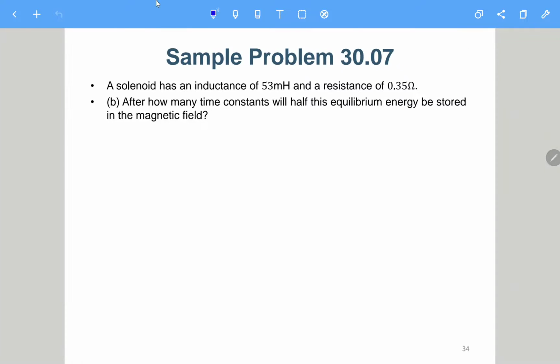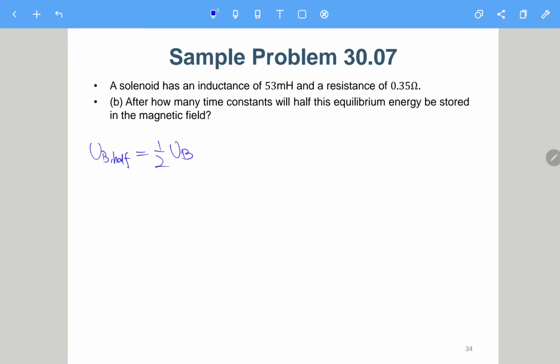So this is simple. For part B, after how many time constants will half of this equilibrium energy be stored in the magnetic field? Here we would like U_B half to be half of the total U_B.